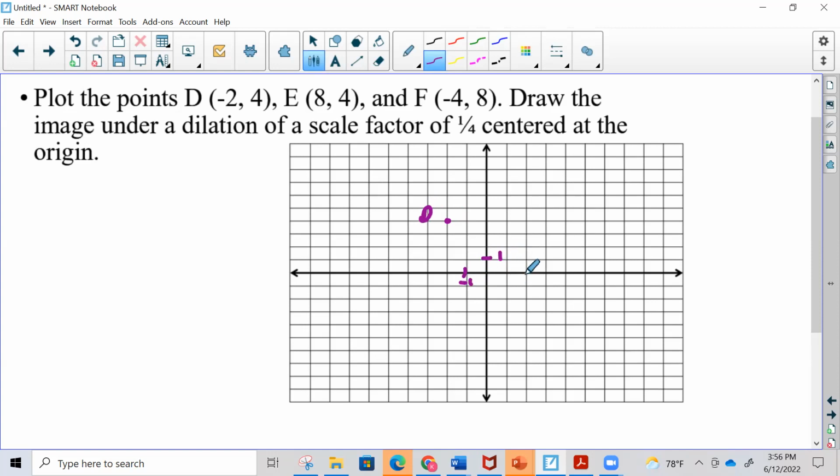Okay, E is 8, 4. And then F is negative 4, 8.